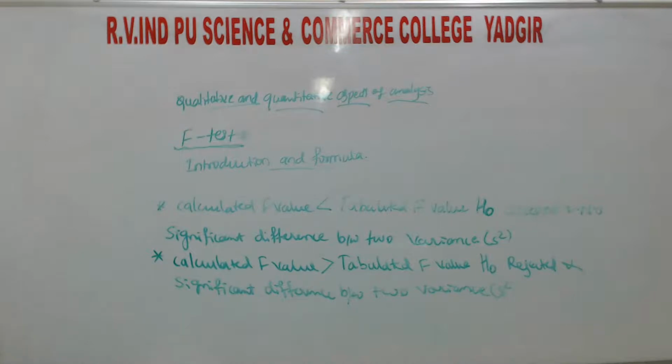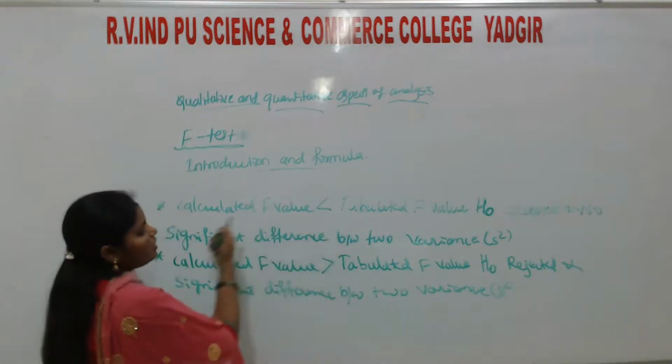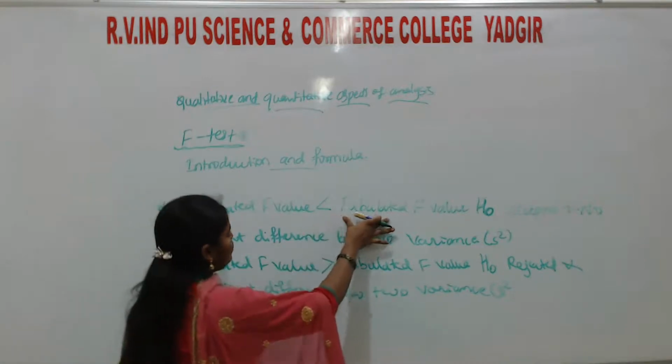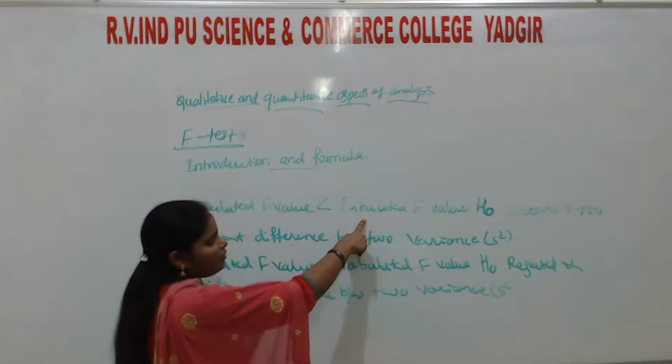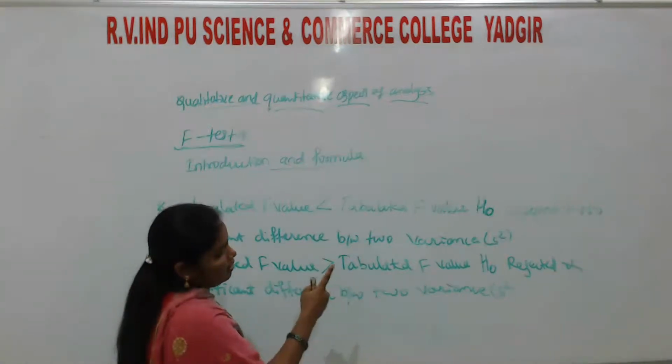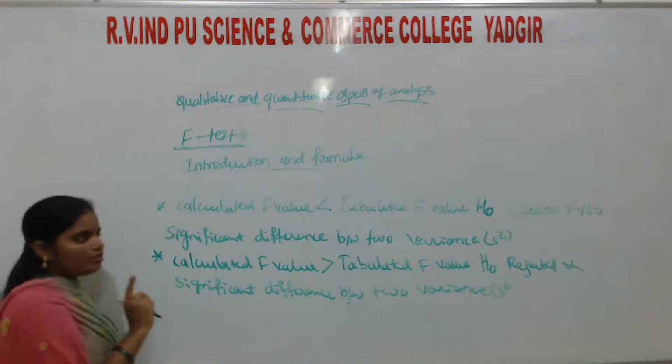Here, when the calculated F value is less than the tabulated value, the null hypothesis is accepted. No significant difference between two variables.